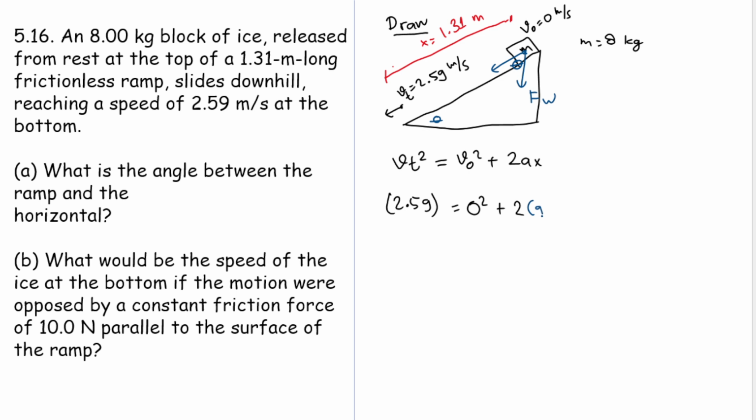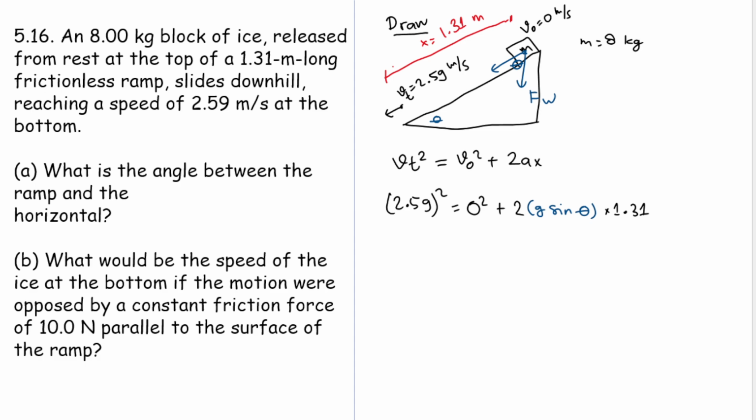So I'll have g sine theta here, and then x, which is 1.31. And we need to find out what theta is.